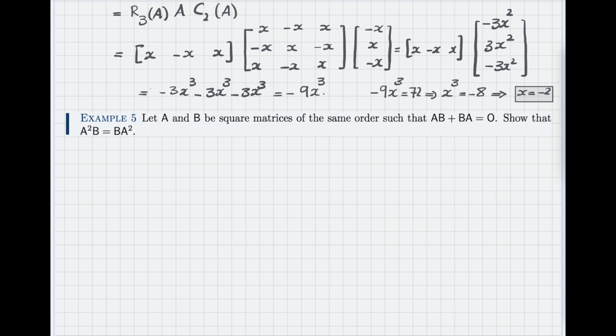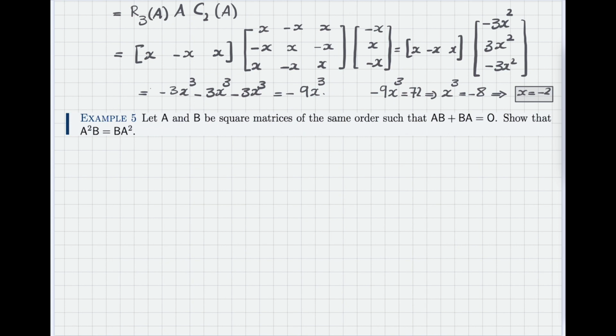We want to show that under these conditions, A squared B is equal to BA squared. This is another type of problem that could be very hard sometimes. You need to find a way to prove it using the properties, and you have to respect the matrix algebra all the time.